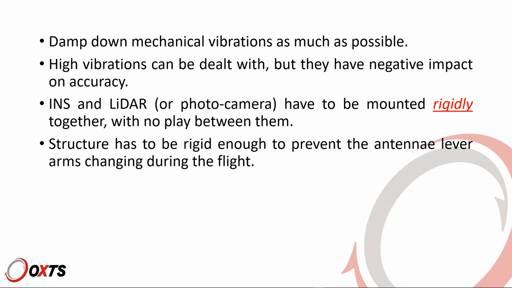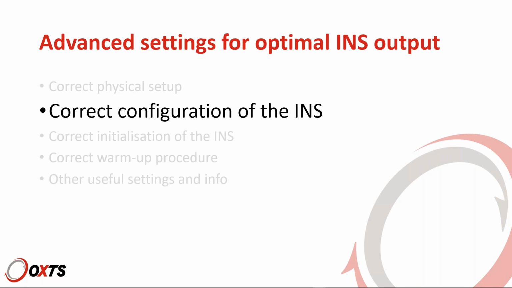You want the lever arm, so the distance between antenna and INS, to stay the same as much as possible, certainly within the tolerance that you have set in your measurements for this distance. So it means that the arms that are holding the antennas need to be rigid enough so they do not vibrate too much during the flight. If they are very thin, very weak, they will vibrate a lot, and the position of the antenna will change during the flight. So these are the main things for the setup.